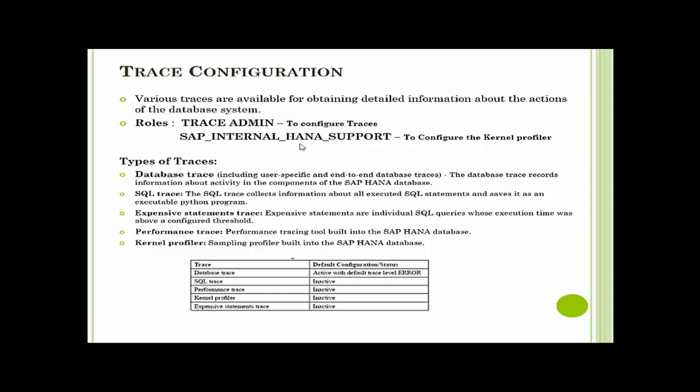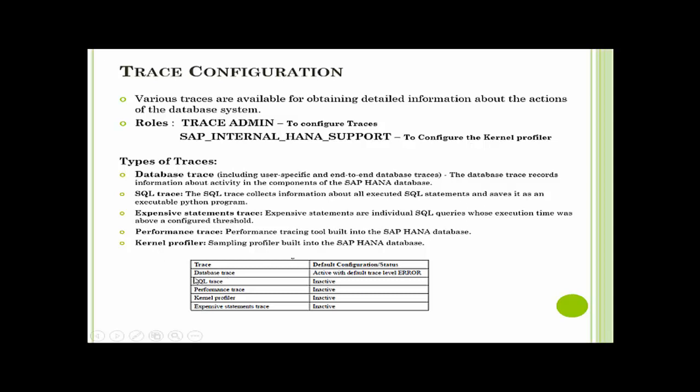And as I said, there are various traces. Technically, these are the types of traces available in the SAP HANA database. Once we navigate to the trace configuration tab in the administration editor, we can see database trace, SQL trace, expensive statements trace, performance trace, and kernel profiler.